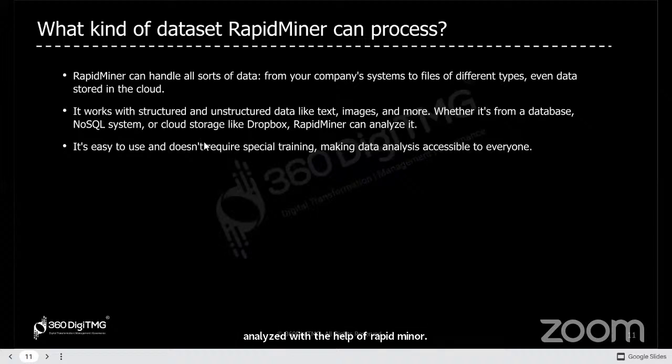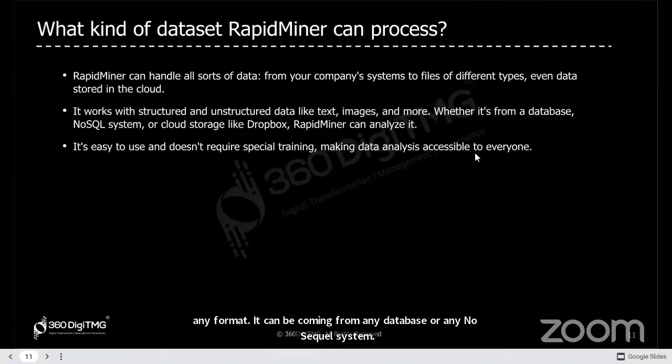And it is easy to use and does not require any special training, which makes data analysis accessible to everybody. So here, data sets can be of any format. It can be coming from any database or any NoSQL system, and RapidMiner can still handle it.